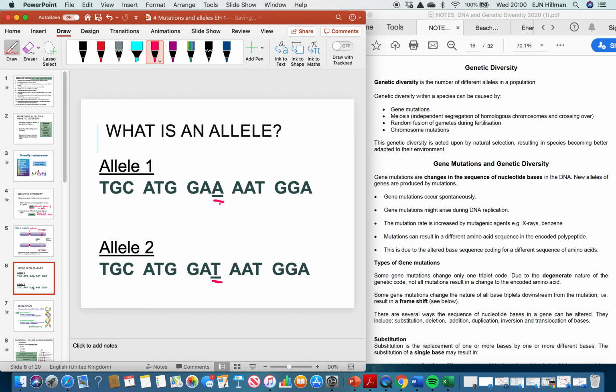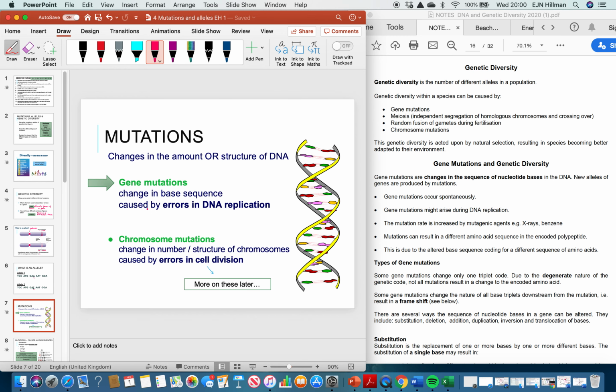Now how does that happen? Well, the change in that sequence of nucleotide bases occurs due to a gene mutation. We're going to look at gene mutations first. Chromosome mutations come later on when we do cell division and meiosis.